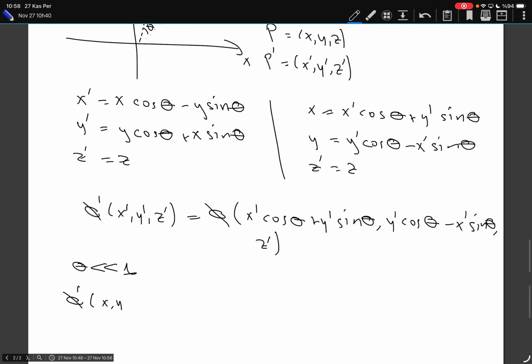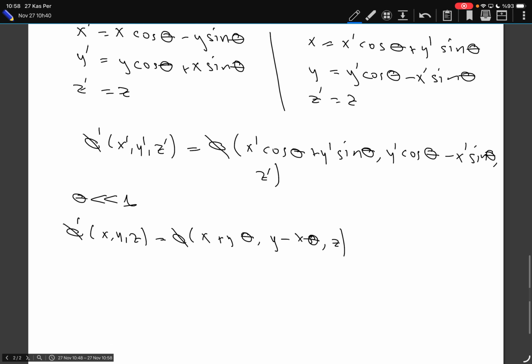Phi prime at the point x, y, z will be phi at x plus y theta, and y minus x theta, and z. This is the definition of my new function.